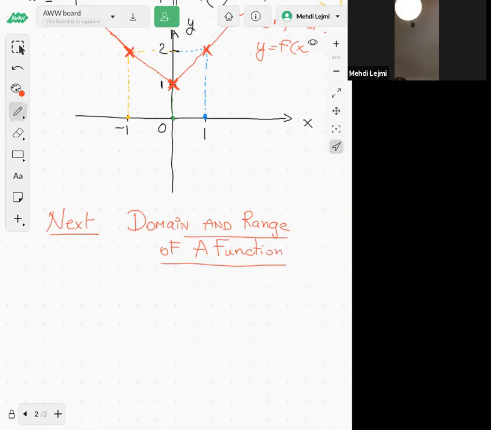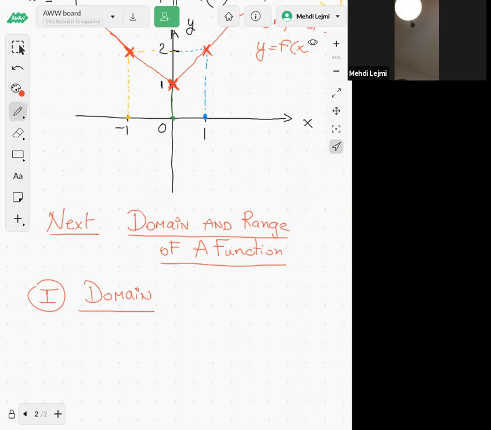First, we're going to start with the domain, of course. So what's the domain of a function f? By definition, the domain of a function is the set of all x values that you can input.